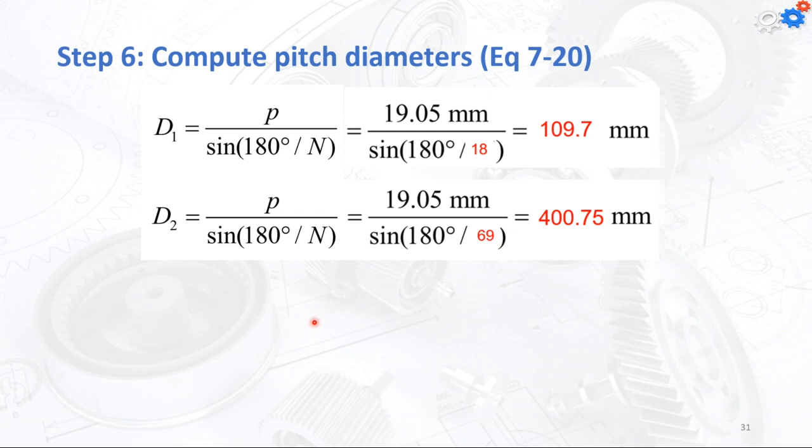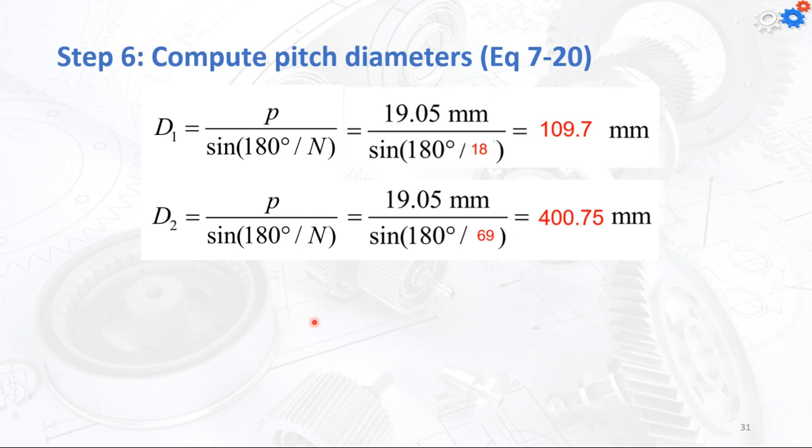Okay, now we know the diameters of those sprockets, and now we're going to go to the step of specifying the nominal center distance, C. That's very important because I told you earlier that the less space we have, the more efficient a design we're going to achieve, because we don't want the things to be too large.